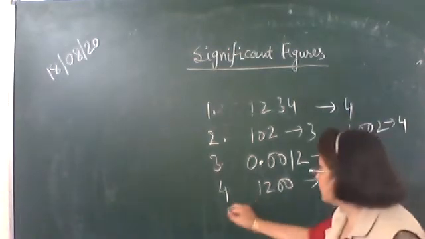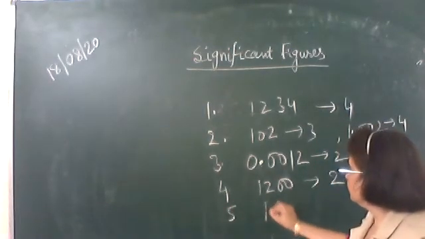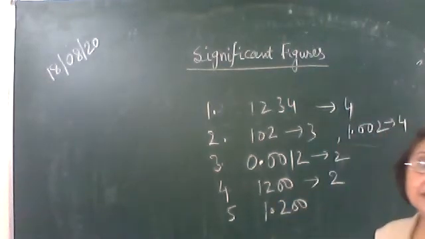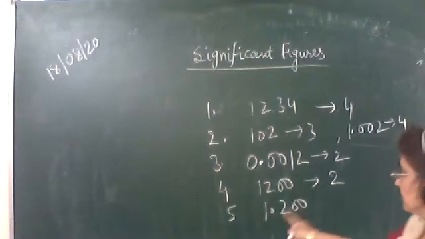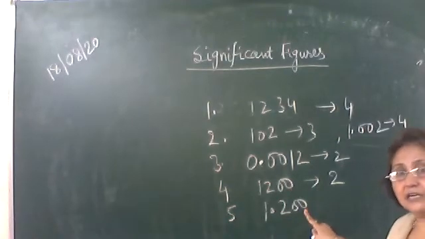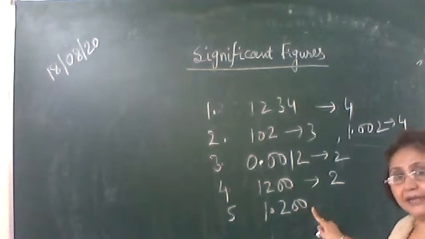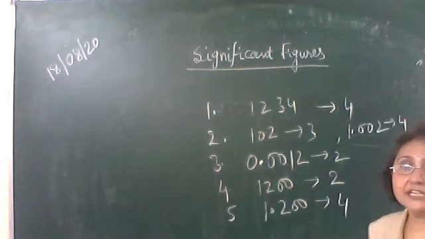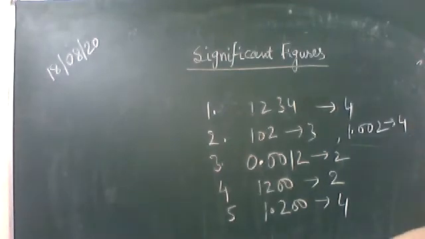If there is a decimal point, then the zeros at the end will be considered significant. So the number of significant figures here is 4.